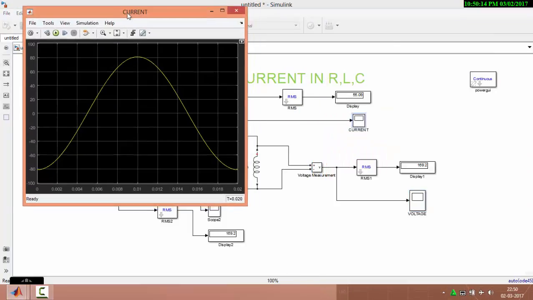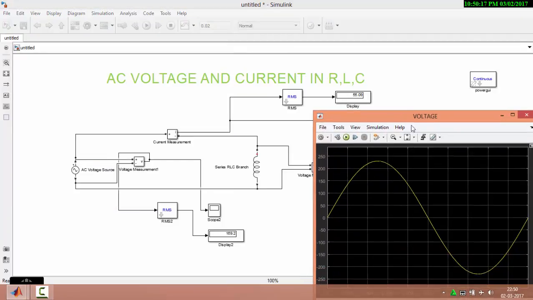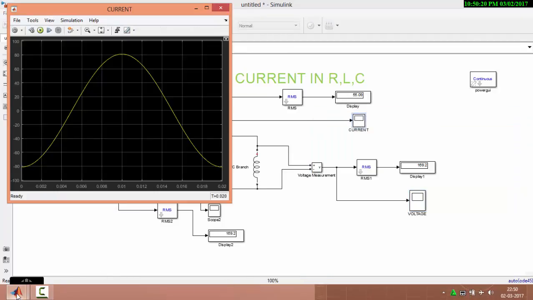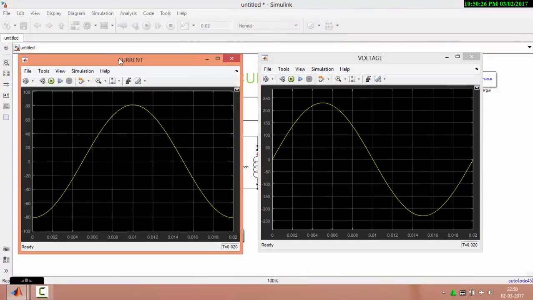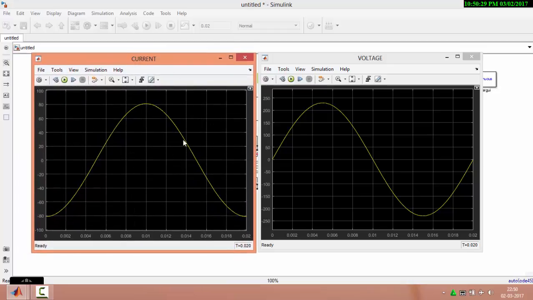As I change the display, you can see this is the voltage and current across an inductor for an AC source. Here the voltage starts at 0 degree, but the current value at 0 degree is negative maximum, while the voltage value is 0. This is the voltage and current relationship in an inductor for an AC source.